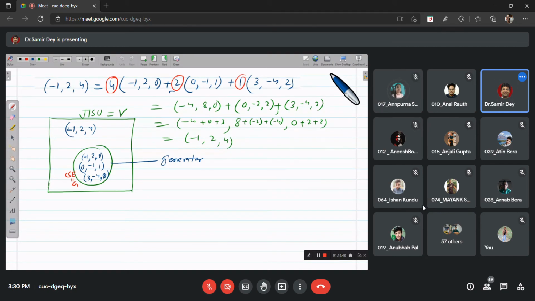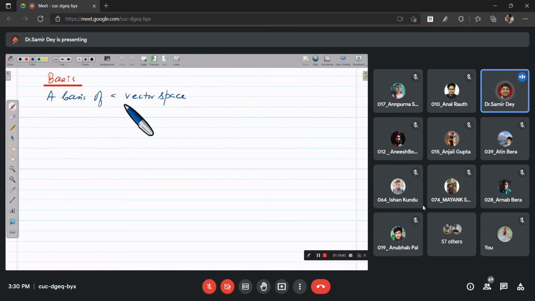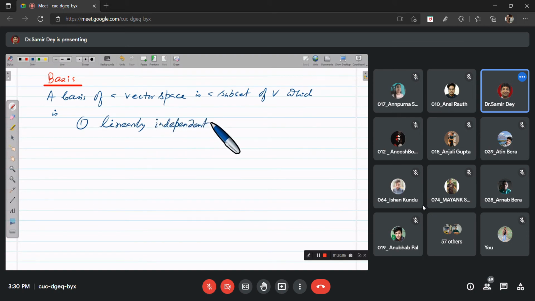Okay. Now, a basis of a vector space is a subset of V which is, number one, linearly independent. Number two, a spanning set.